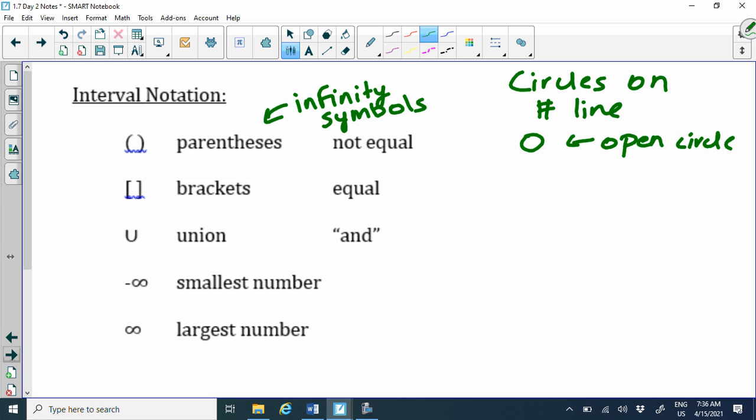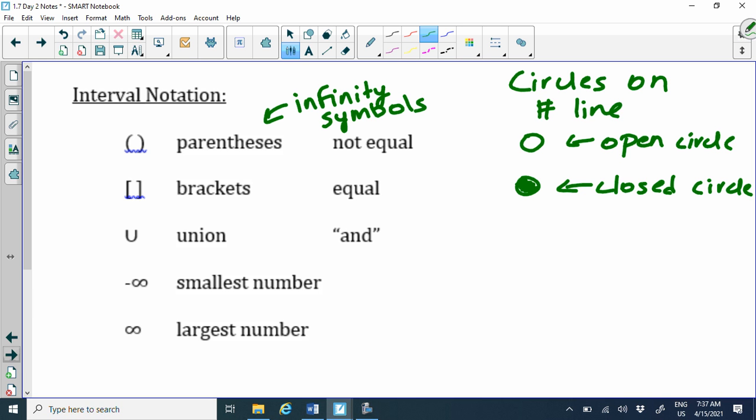Now, if we have the equal bar, that means we'll use brackets, okay, and that's going to be around the numbers. So we saw that when we did our range, and we always used a bracket around the number. So that means we are going to have a closed circle on our number line.